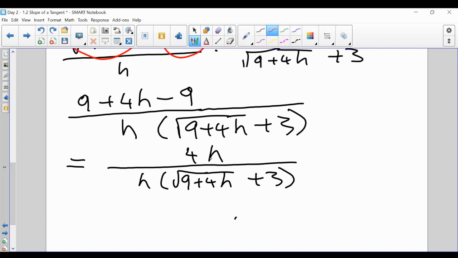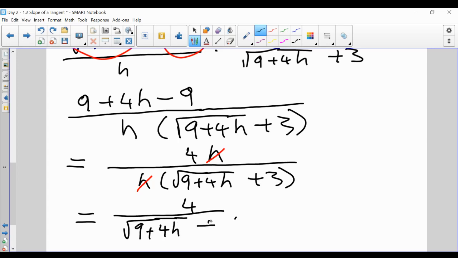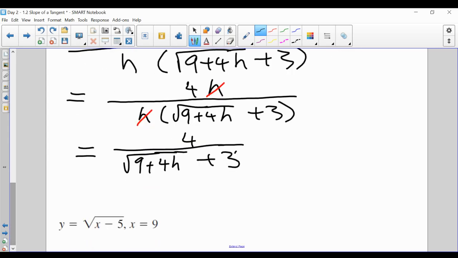So we'll do that. Really what we're left with at the end of all of this is 4 over the square root of 9 plus 4h plus 3. That's all that's left. And now we can ask the question of the limit as h approaches 0.